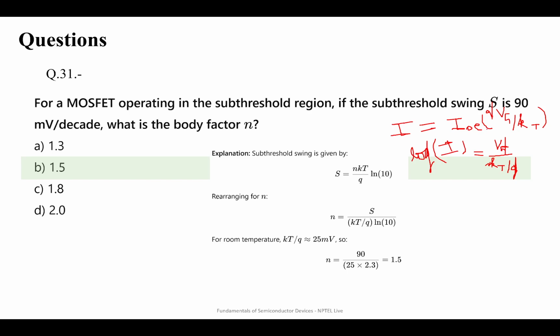If I have to convert to base 10, I will have to multiply by 1 upon ln 10.